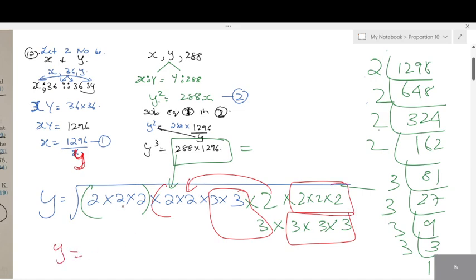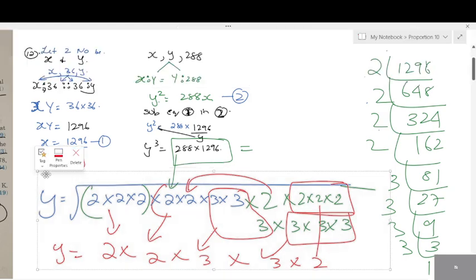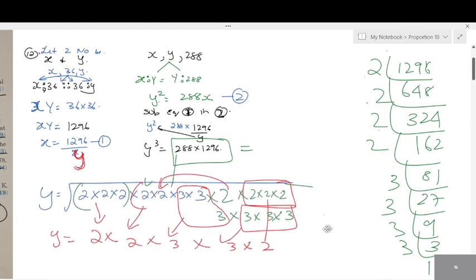If you take out the value, what are we getting? 2 into 2, 3, 3, and for this 2 we get another 2. Is this clear? Did you all understand? And then multiply everything, you'll get the answer.